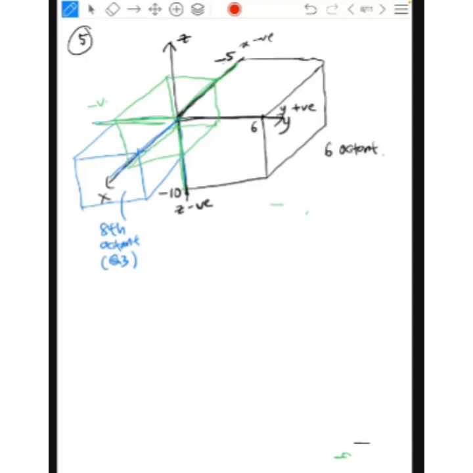The 7th octant has all axes negative. So it is negative 4, negative 5, and negative 11. Okay, this is question number 4.